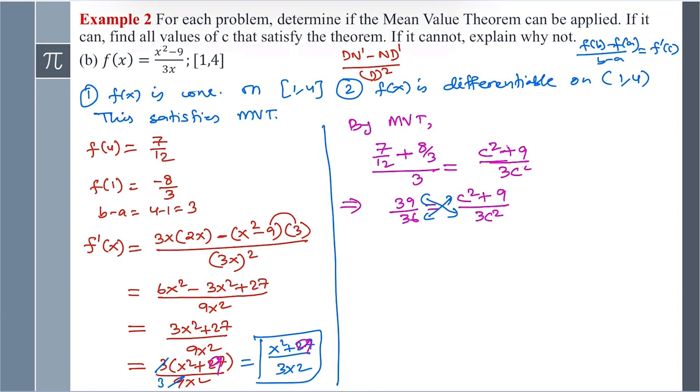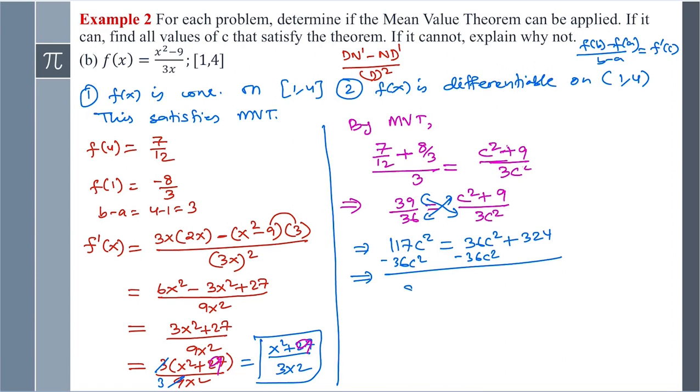If you do that, 39 times 3 is 117 c squared, which equals 36 c squared plus 9 times 36, which is 324. So subtract 36 c squared on both sides to put the c squared terms together.